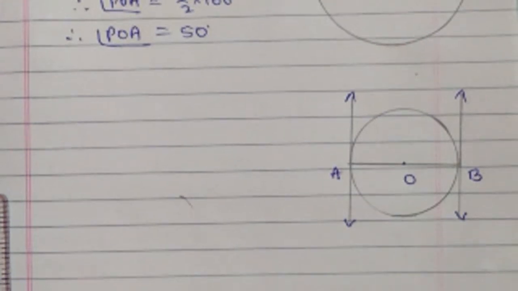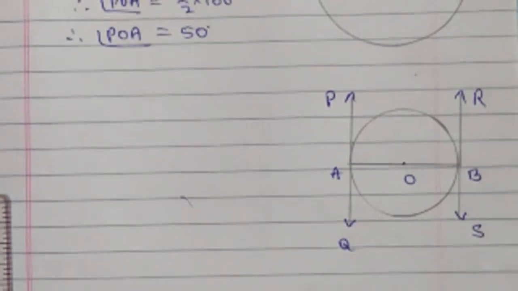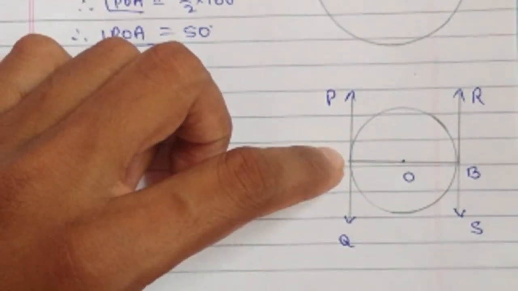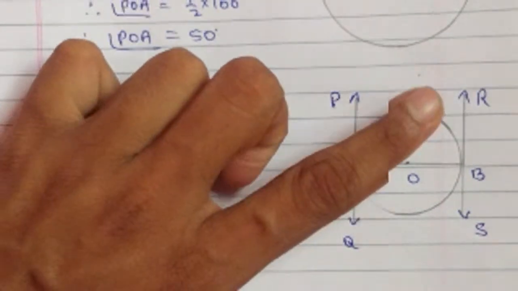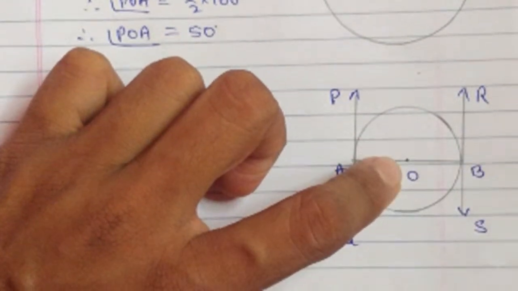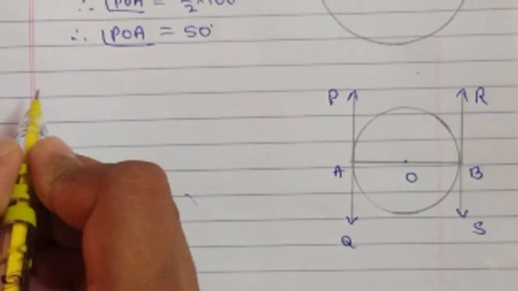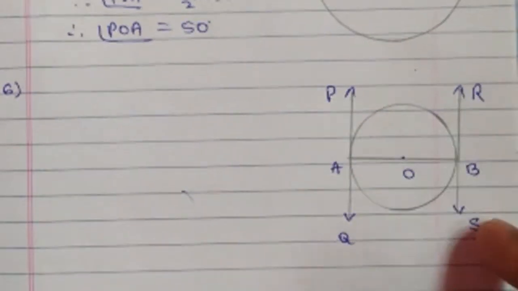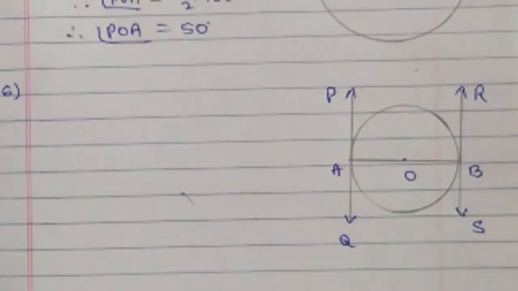So I will name them P, Q, R, S. PQ is the tangent drawn at point A to the circle with center O, and similarly RS is the tangent drawn at point B to the circle with center O. So now we have to prove tangents PQ and RS are parallel to each other.